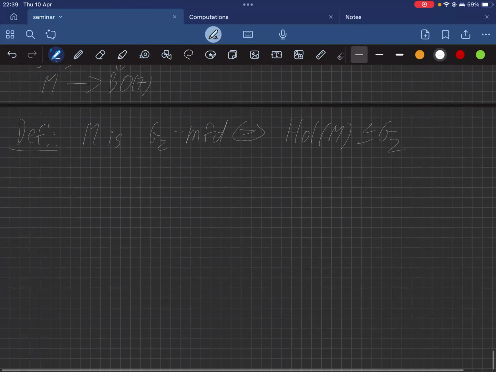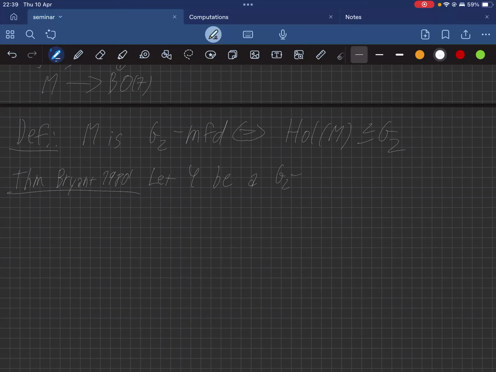But it was actually shown by, I believe, Bryant in the 80s that if phi is a G2 structure, and phi is closed and co-closed, this implies M is a G2 manifold.